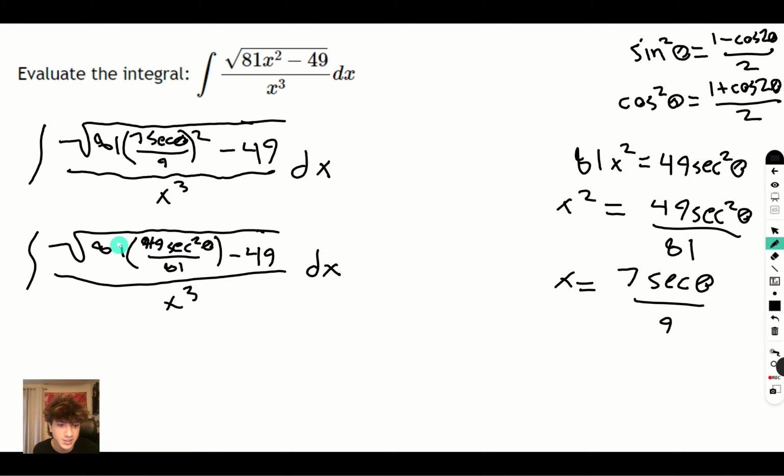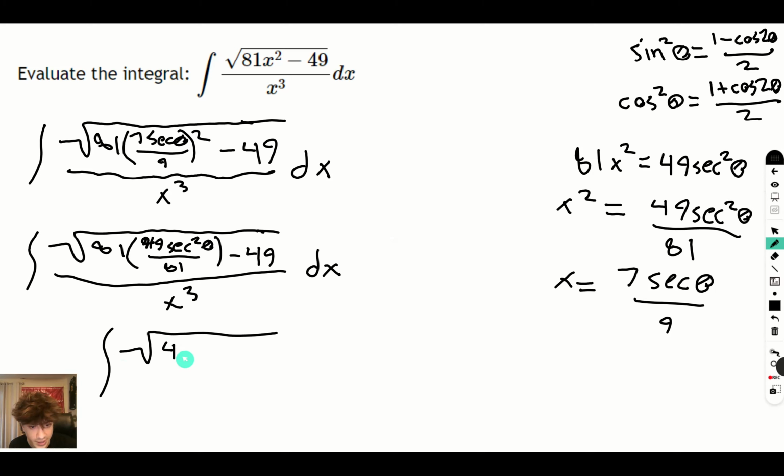From here, these two 81s cancel, so we can say that this will be 49 square root of 49 secant squared theta minus 49.